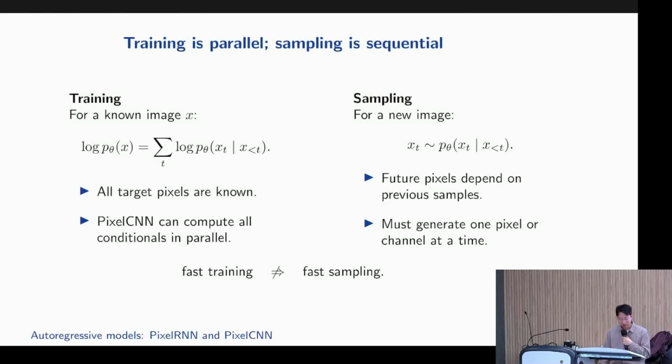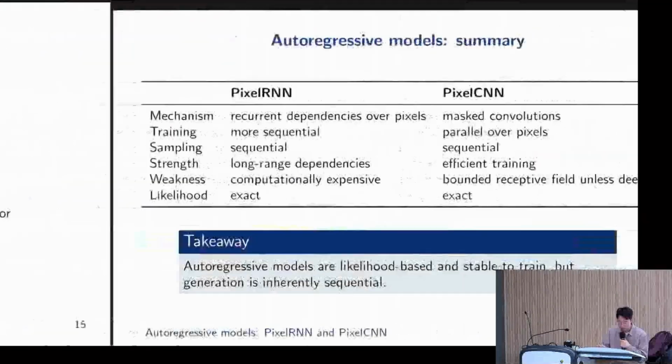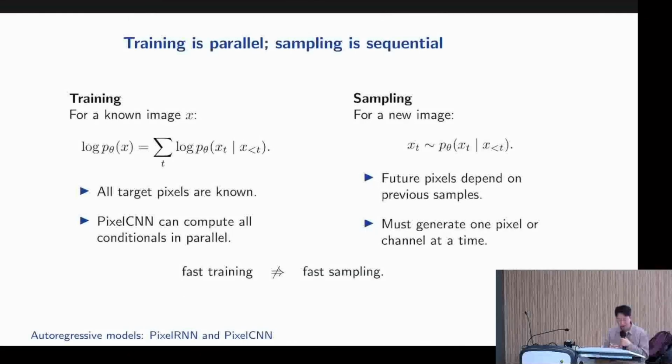Yeah, so like I said, the training is parallel because now we have broken the temporal dependency by using a fixed size convolution kernel. So for every single location, you just need to condition on whatever the convolution kernel can see. Whatever's outside the convolution kernel, you don't care. You're going to drop the dependency.